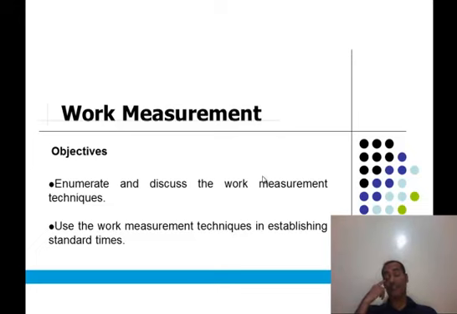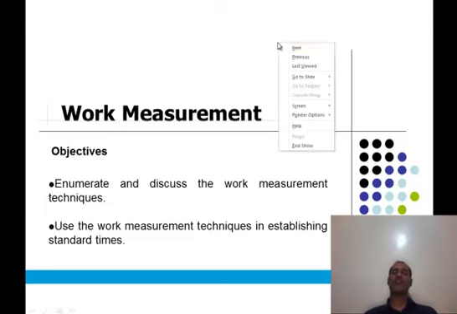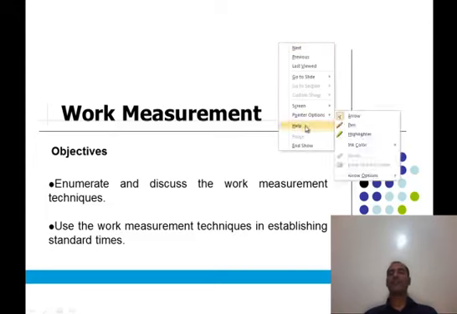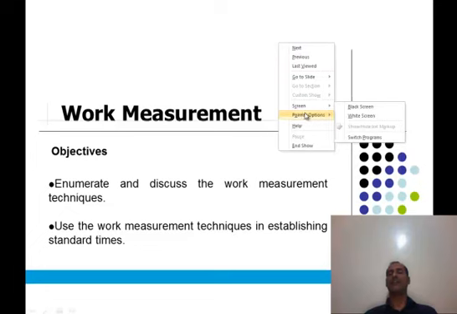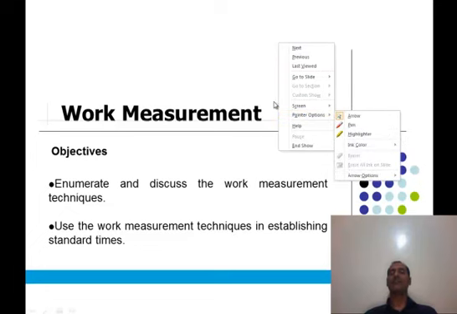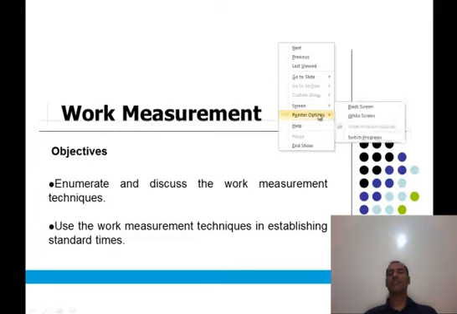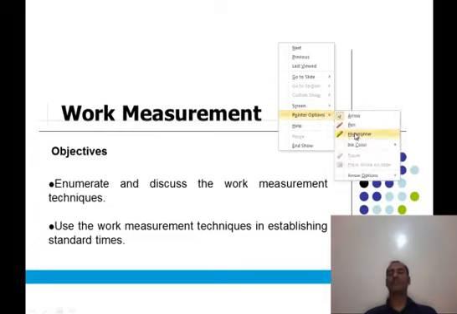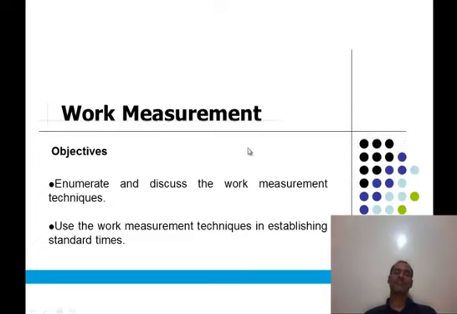Their importance is to determine the number of people in the lines, to determine the number of machines, and to determine the bottleneck. We have to find where the bottleneck is and give a proper solution for it.